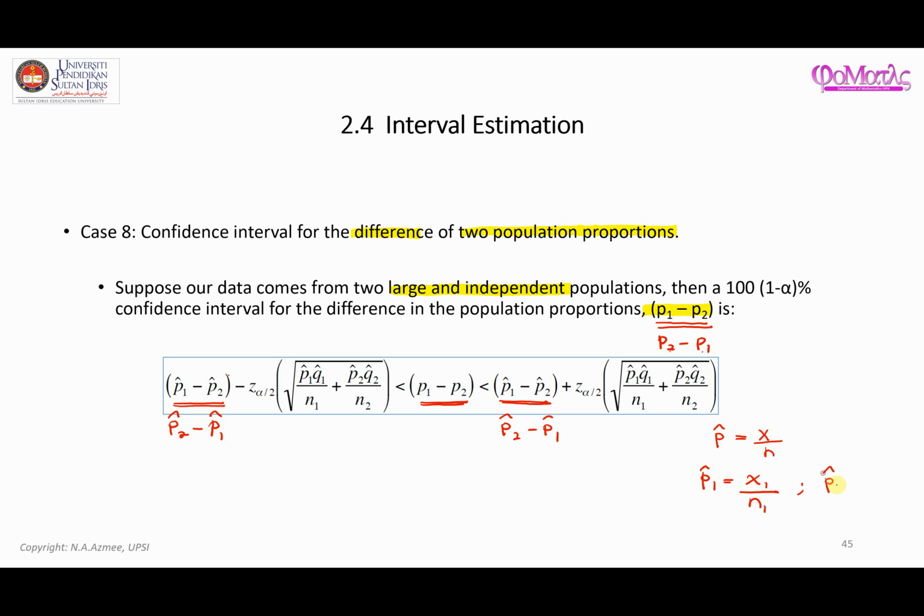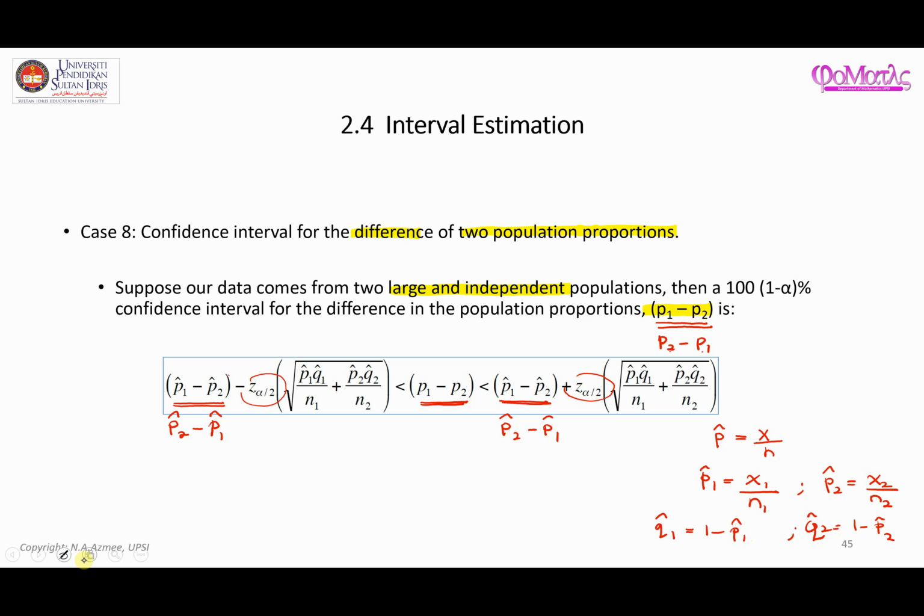Similarly, P hat 2 is just x2 over n2. Q hat 1 is just 1 minus P hat 1, and similarly Q hat 2 is just 1 minus P hat 2. This one here is the Z quantile, which will be obtained from the standard normal distribution table.